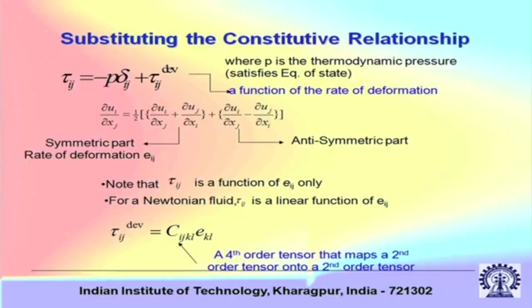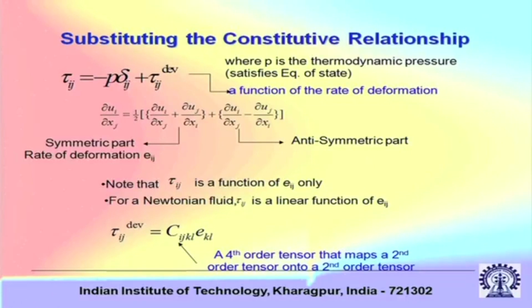So, we found that for a Newtonian fluid, we have come up to this relationship, that the deviatoric component of the stress tensor, tau ij deviatoric, is nothing but Cijkl Ekl. The Cijkl is a fourth order tensor that maps a second order tensor onto a second order tensor.